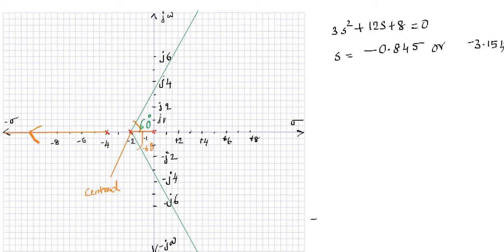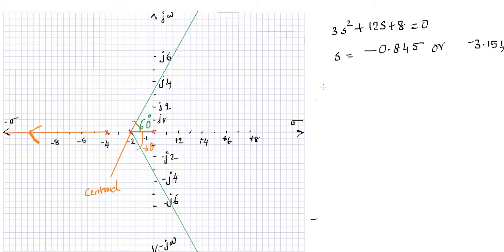We have to check which of these values is the breakaway point. In order to do that, substitute the value of s in the equation of k and check whether its value is positive and real.